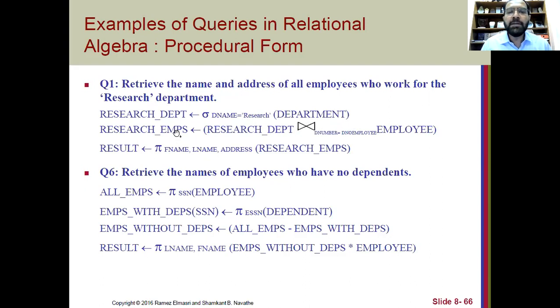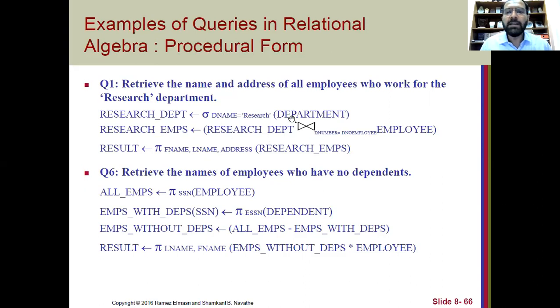In the next step, there is a join between research underscore department and the employee, where d dot number is equal to d number dot employee, because these two relations have a relationship, established with the d number, which is in both the employee relation and the department relation.